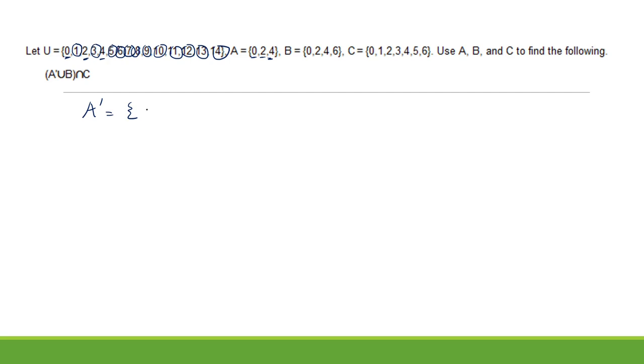So A prime is equivalent to 1, 3, 5, and then 6 all the way to 14.